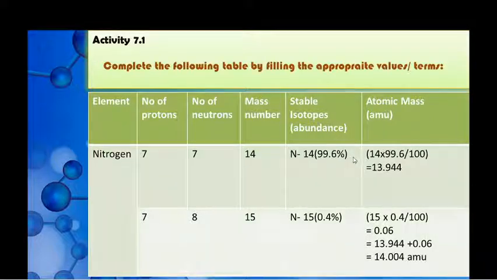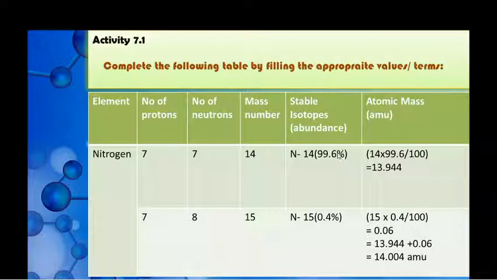So how can we calculate the atomic mass of an individual stable isotope? By using one formula: mass number into relative abundance. That's the formula used here to calculate the atomic mass of a particular stable isotope of an element. The mass number of the N14 stable isotope is 14, and the relative abundance is 99.6 percentage.